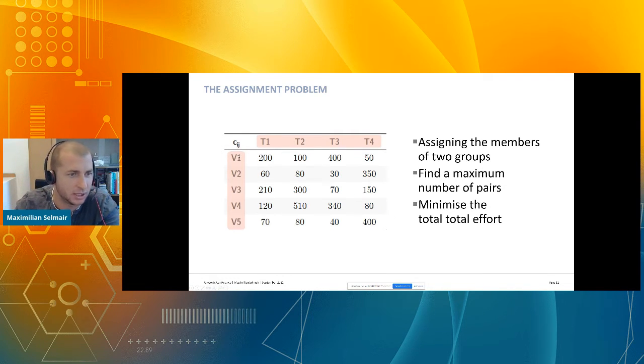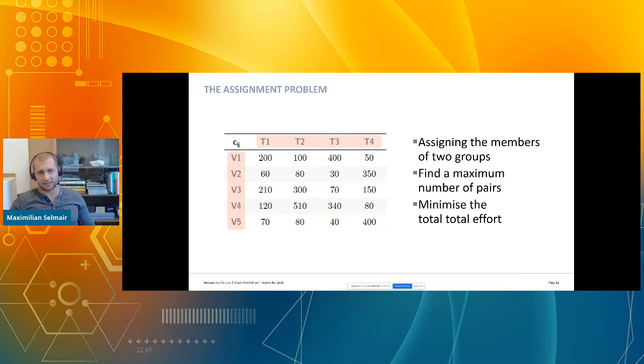For example, vehicle 1 has to drive 200 meters to pick up task 1, but it can also be a formula which also involves the current state of the vehicle, its battery charge, its state of charge, maybe its current status in terms of: is it picking some other task or not?